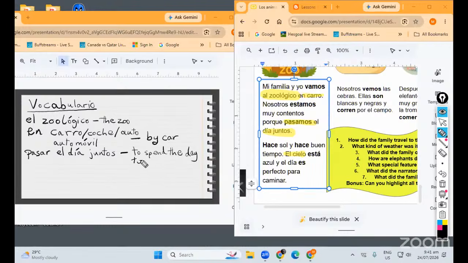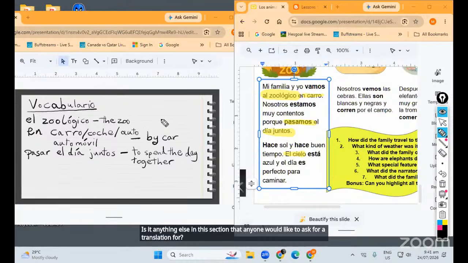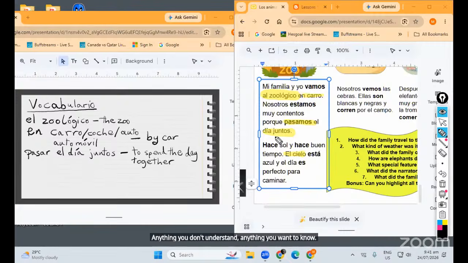Is there anything else in this section that anyone would like to ask for a translation for? Anything you don't understand? Anything you want to know? Just this section. We're going to the next paragraph just now. Okay, so estamos comes from estar.